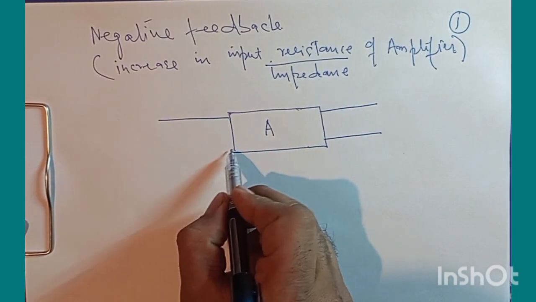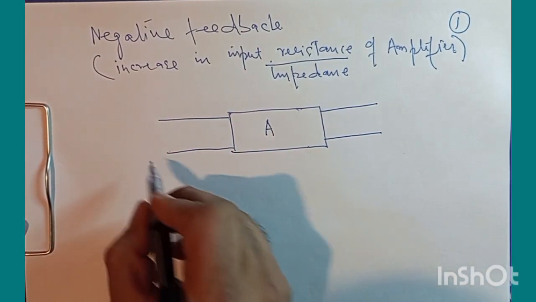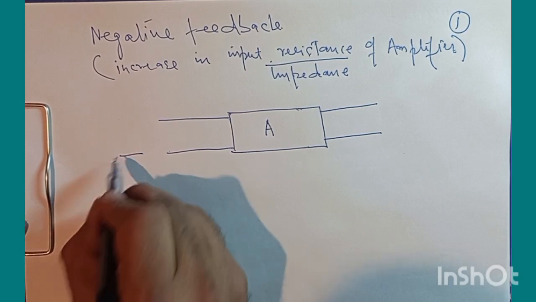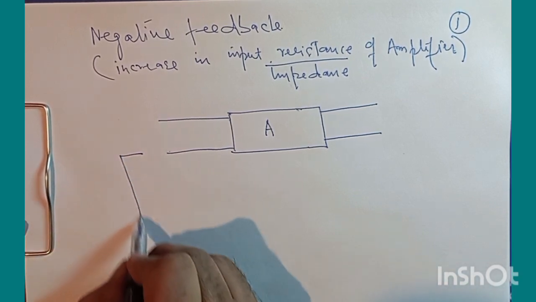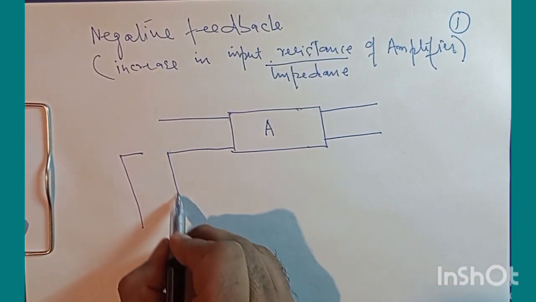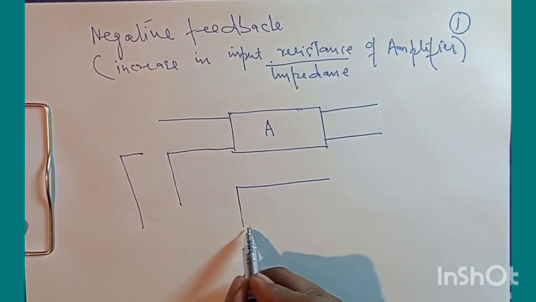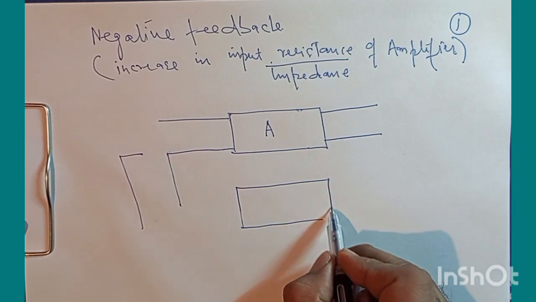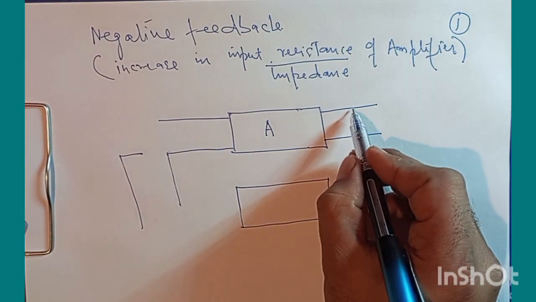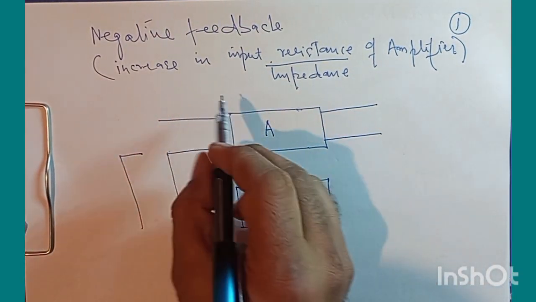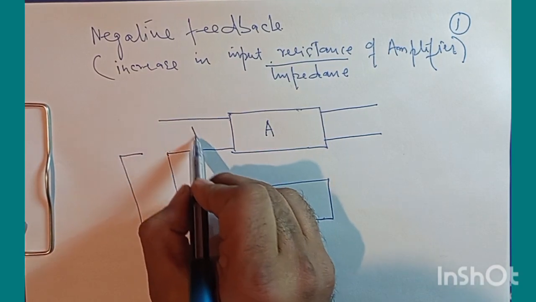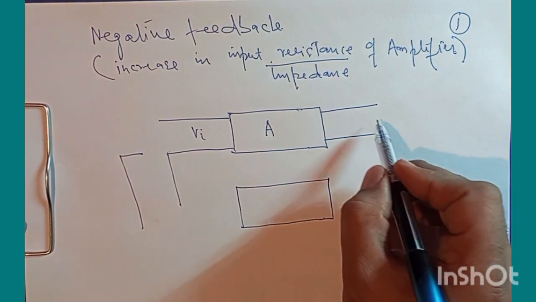It has input, and we have a feedback circuit. So let us suppose that Vi is the input voltage.